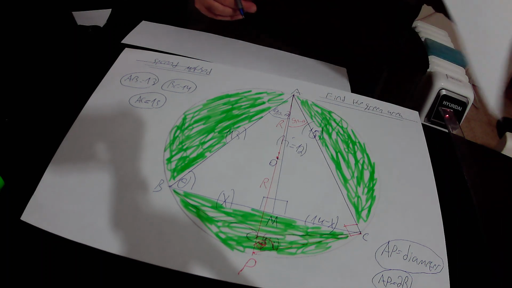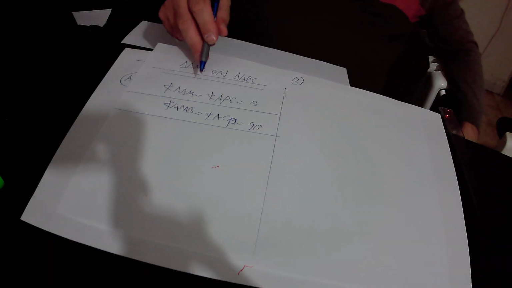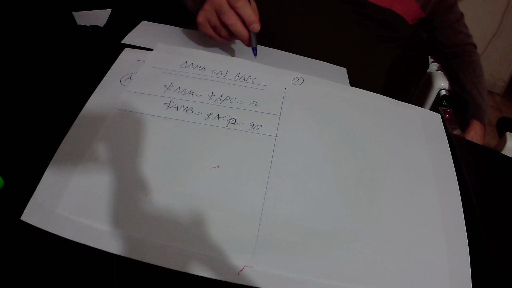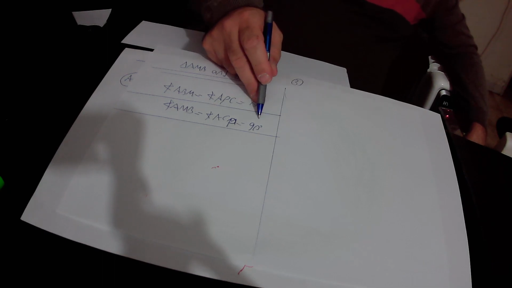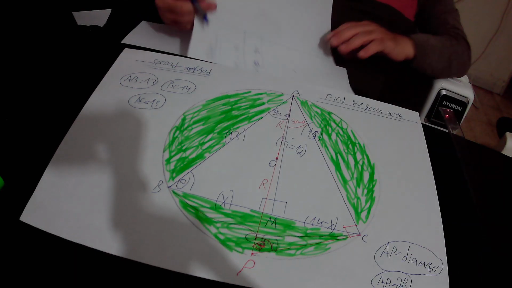Repeat again, angle AMB in triangle ABM equals angle ACP in triangle APC. They are both equal to 90 degrees, therefore they are equal to each other.